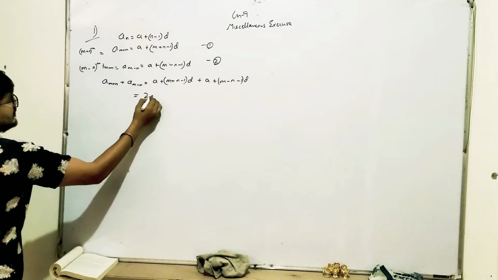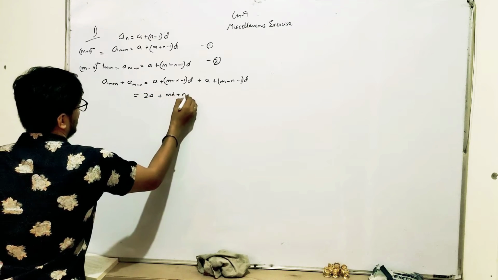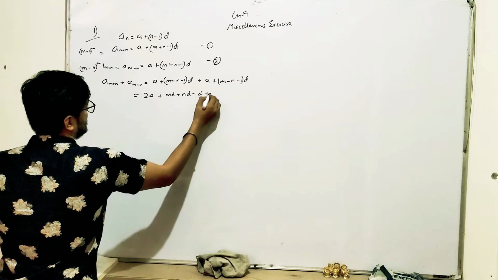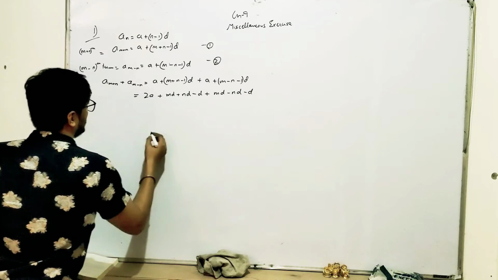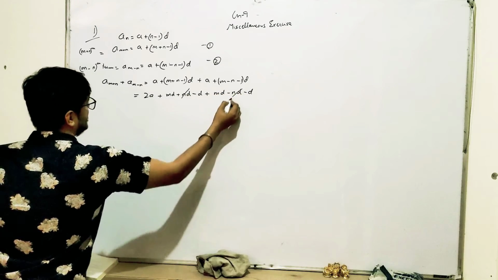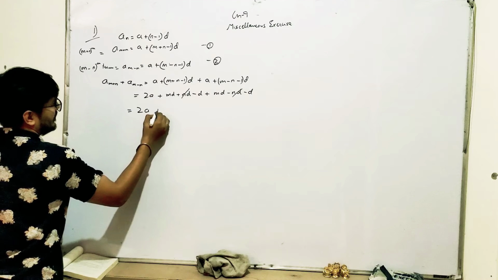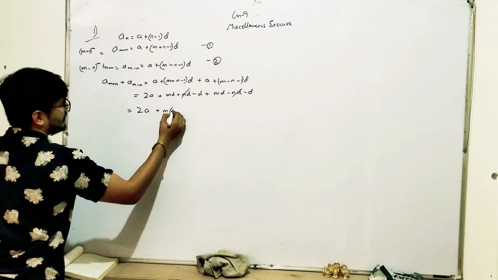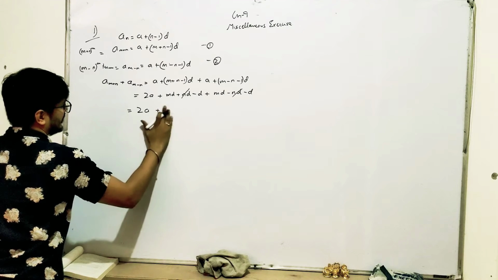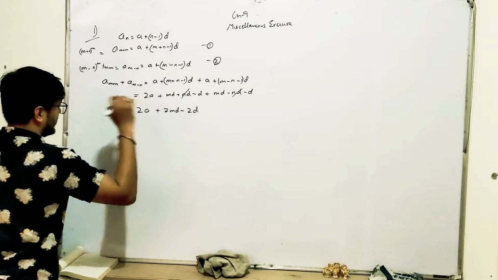So which is equal to 2a plus md plus nd minus d plus md minus nd minus d, right? So nd and nd cancel. So we have 2a plus m common. md plus md is 2md, right? Okay, so 2a plus 2md minus 2d, right?